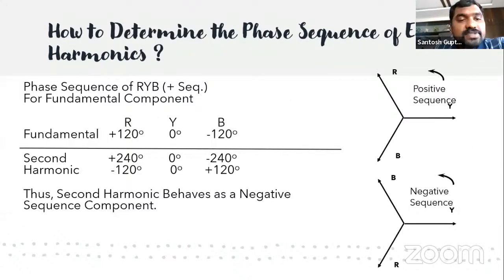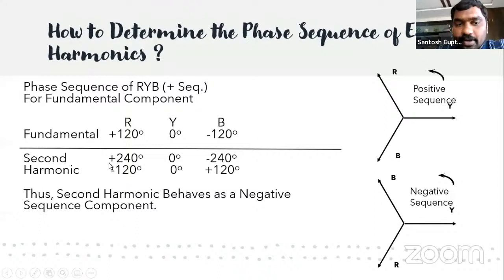Okay. Suppose we assume the fundamental like this, the R, Y, B phase sequence: this one is 120 degrees, Y will be taken as 0, and B is minus 120 degrees. Then for our second harmonic, we have to multiply this 2 with this phase sequence.